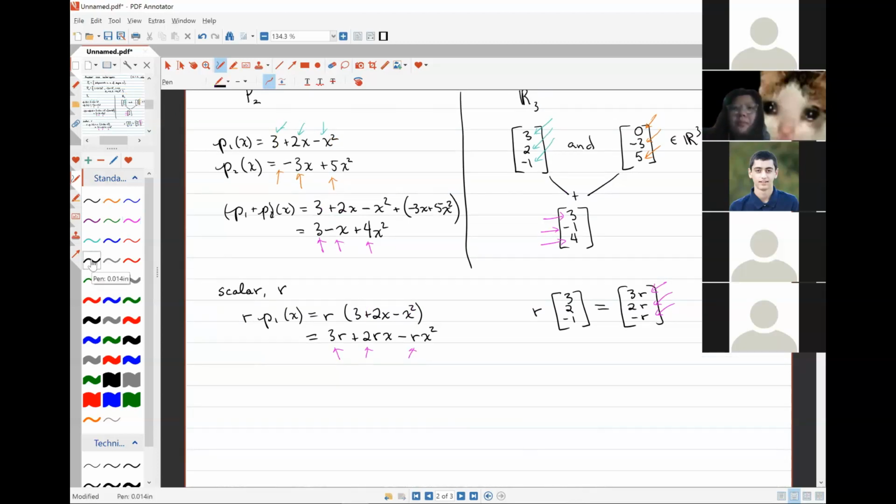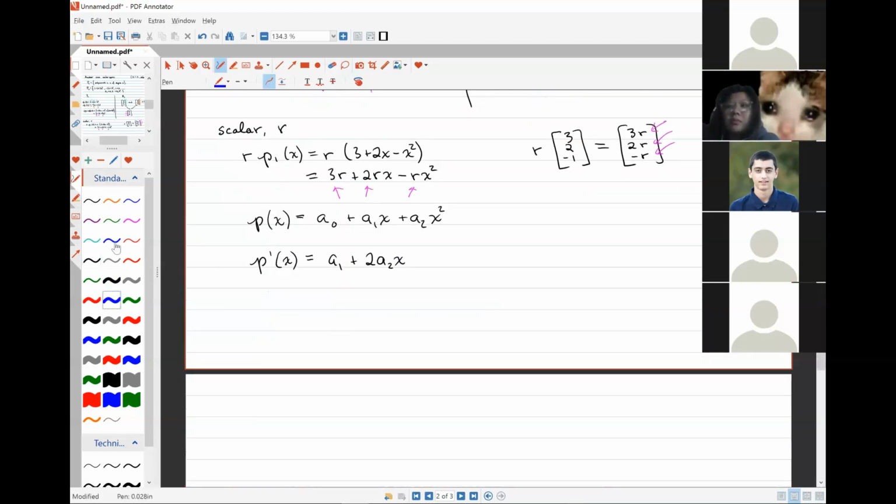So let's think of a generic polynomial that would be in this set P2. And the derivative of that polynomial is a1 plus 2a2 times x. So I'm just taking the derivative with respect to x.